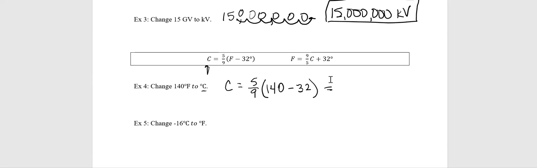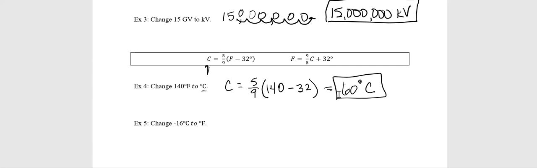And I obviously did not have my calculator up already. So 140 minus 32, and then we're going to multiply that by 5/9. If you, again, don't have a fraction calculator, just hit times 5 and then divide by 9. So in Celsius, it is 60 degrees Celsius.